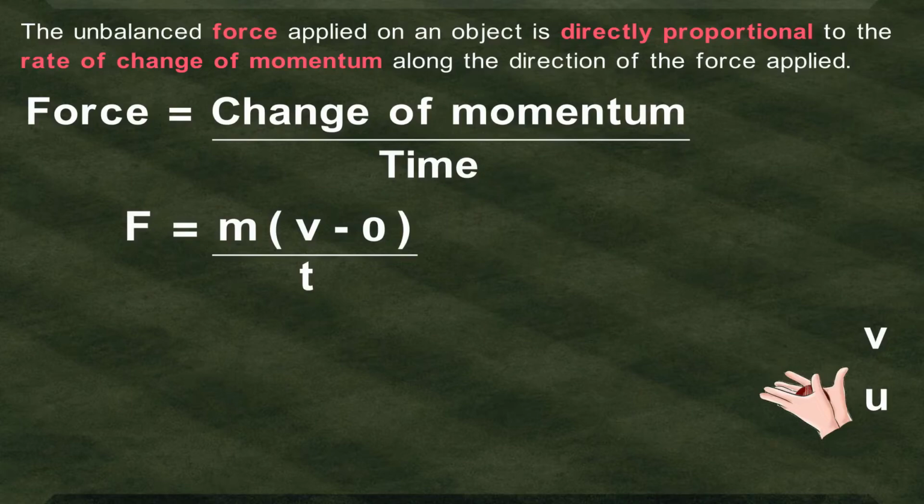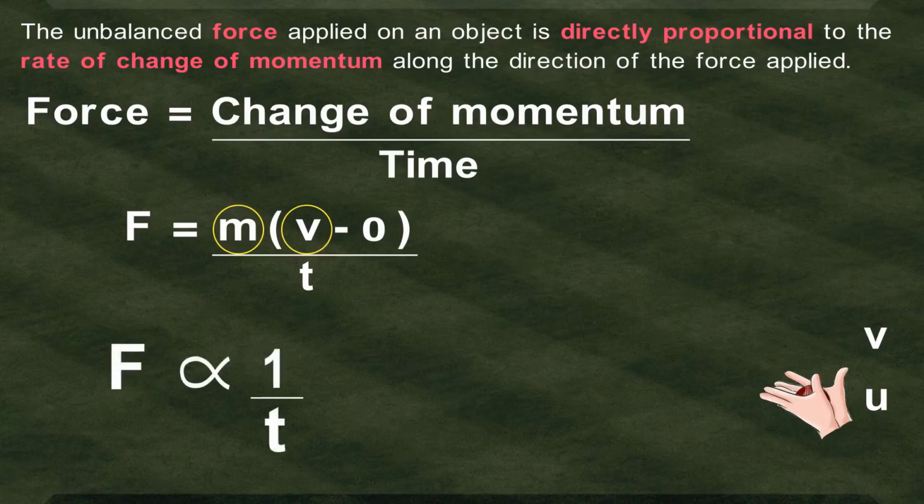In both these instances, the mass of the ball m is the same, the speed of the ball before we catch v is the same, and the final speed when it stops in hands u is 0. So now we can say force F is inversely proportional to the time. This means that the force felt on hands depends on the time that the ball keeps in contact with the hands.